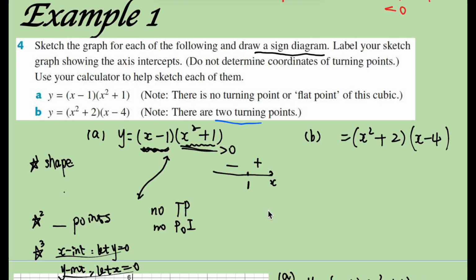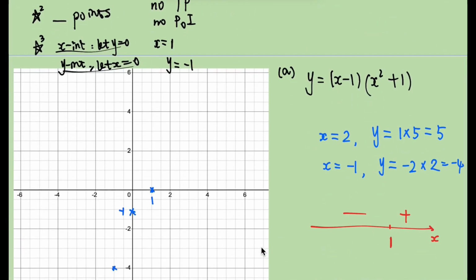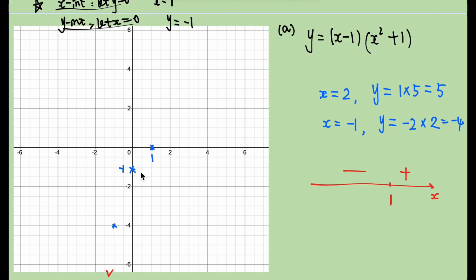Then we will calculate the x-intercept by letting y be 0, and here we can get x equals 1 directly. For the y-intercept, let x equal 0, and we will have y equals -1. Then we are going to show the information on the diagram. X-intercept is 1, y-intercept is -1. But in order to make the graph a little bit more accurate, we are going to select some points.